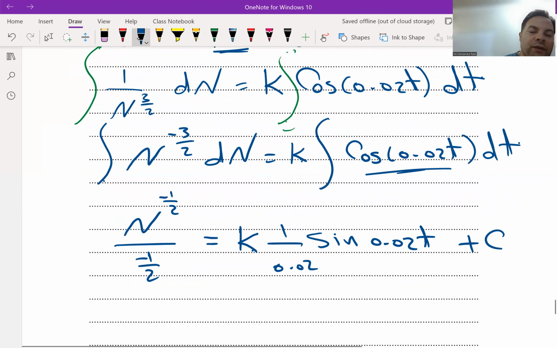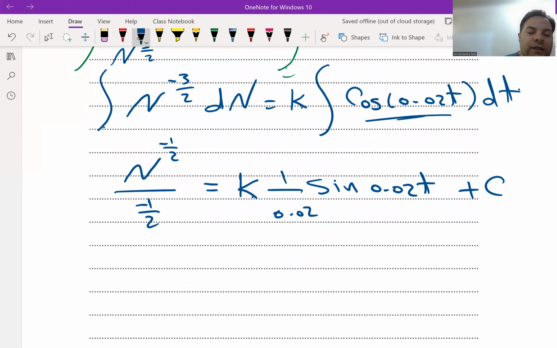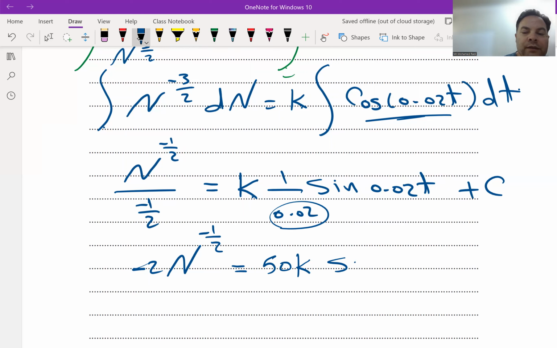You can simplify. Your answer will be negative 2 n to the power of negative half is equal to, 1 over 0.02 is 100, divided by 2 is 50k sine 0.02t plus c. There is information given.